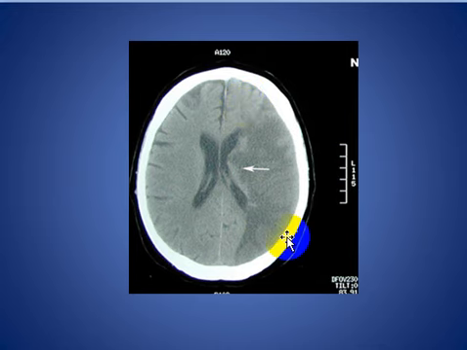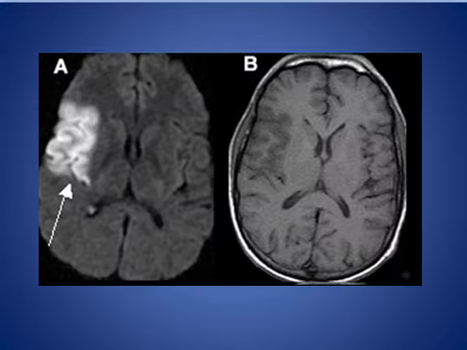Another patient, middle cerebral artery infarction with mass effect on the left lateral ventricle, and the edema involves the gray and white matter, as we see in this example. Here is the diffusion imaging.